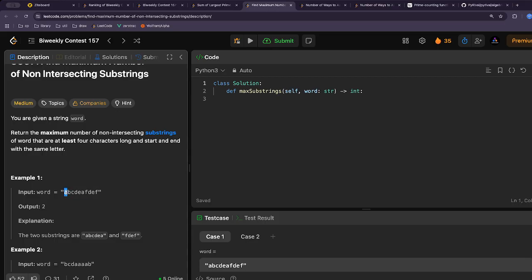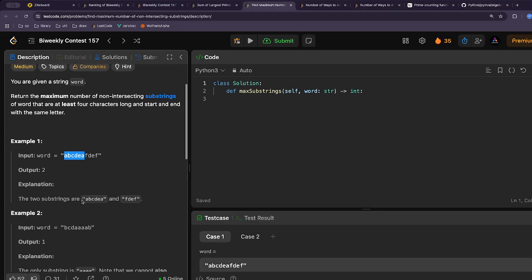But if I start a substring from here, then it's best to end it as soon as I can. Of course, if I can end it here, then it's best to end it there, because if I extend it more, it's not going to improve my situation to optimize the rest of the selections.